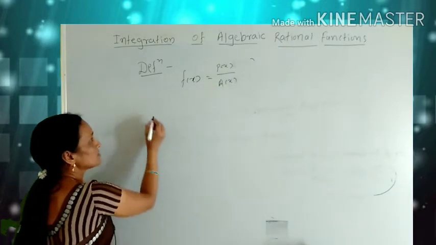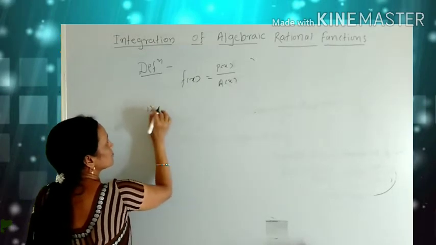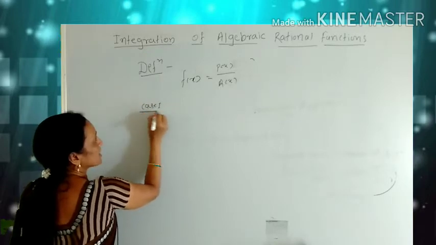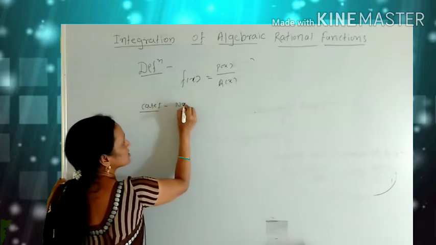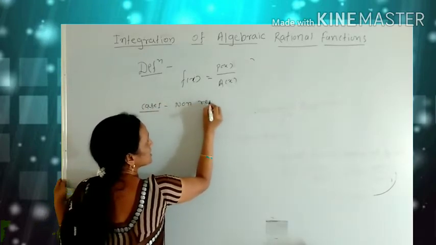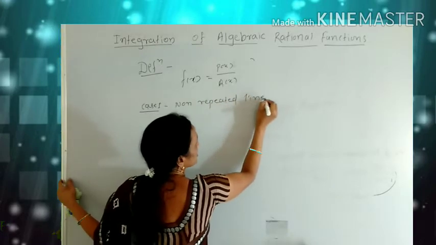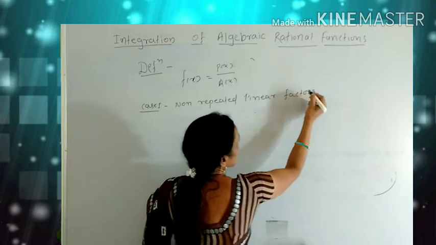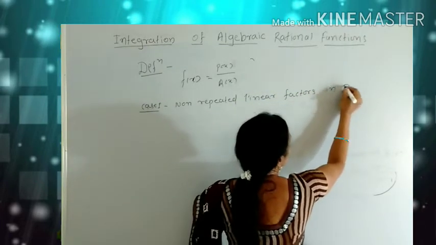Now, the first type is non-repeated linear factors, which means here we consider case 1, and in case 1 we consider non-repeated linear factors in the denominator.